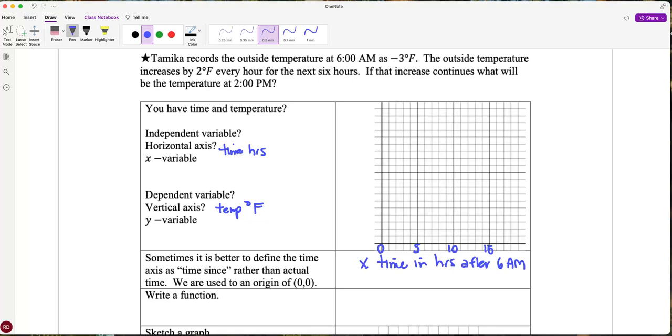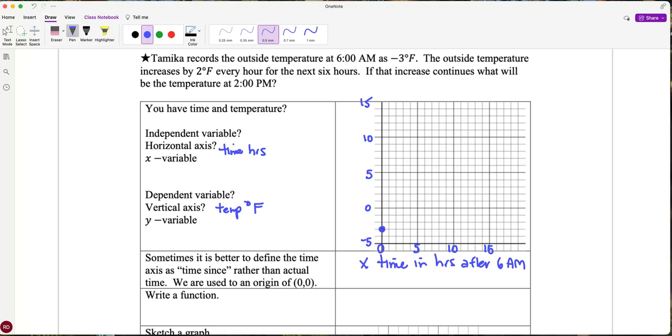So if I look at this, I know the temperature at 6 a.m. was -3, so I'm going to need some negative numbers on here. Let's say this is -5, this would be 0, and then 5, 10, and 15. They tell me the temperature at 0 is -3, which is right there.